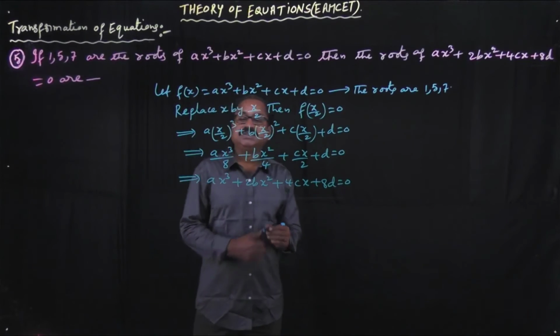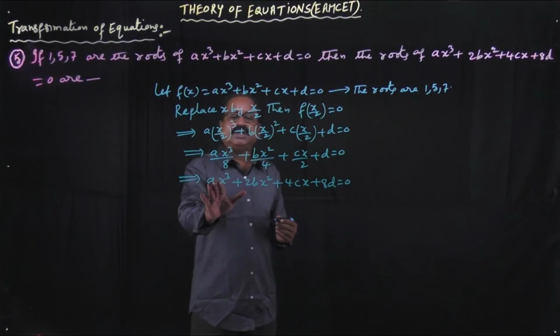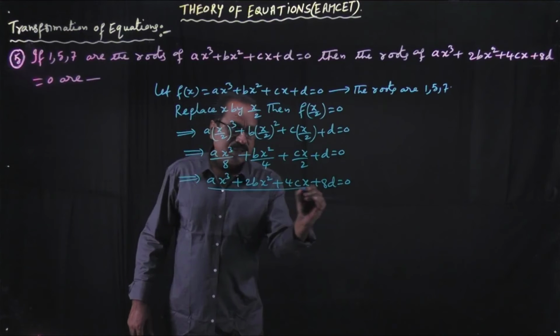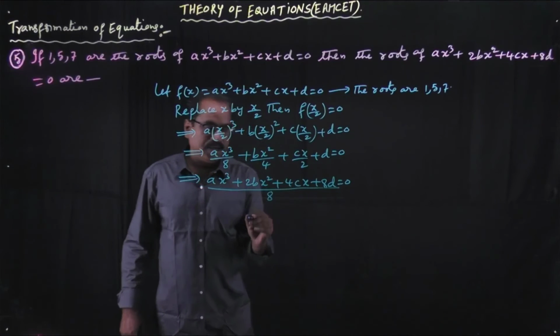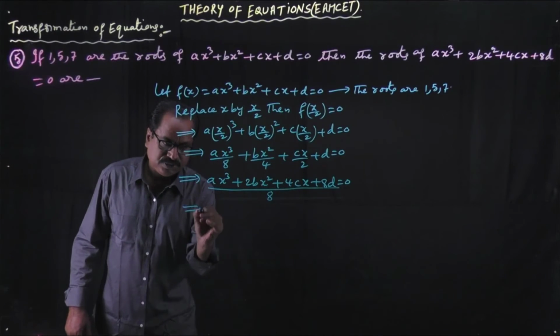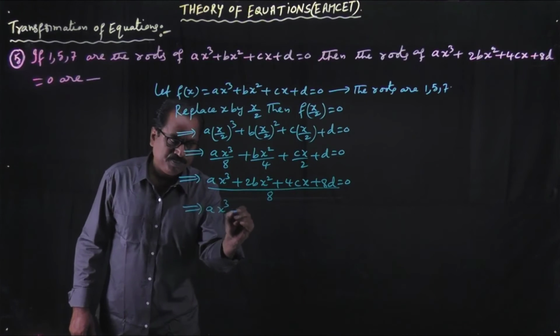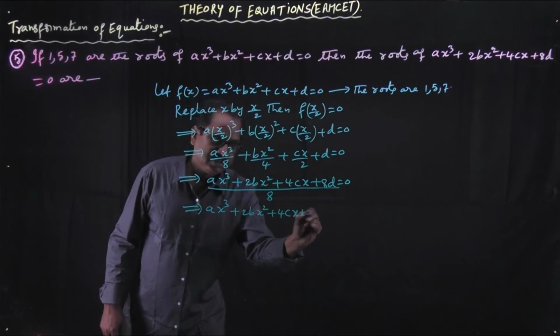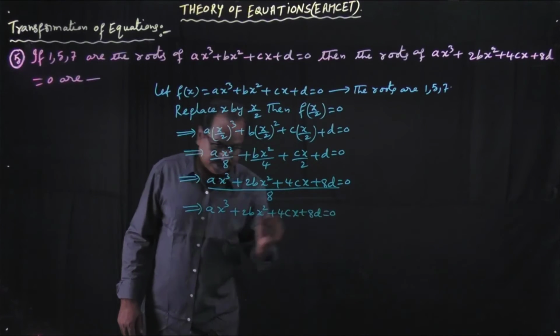Here LCM is 8. So ax cube plus 2bx square plus 4cx plus 8d by 8 is equal to 0. So this implies ax cube plus 2bx square plus 4cx plus 8d is equal to 0.